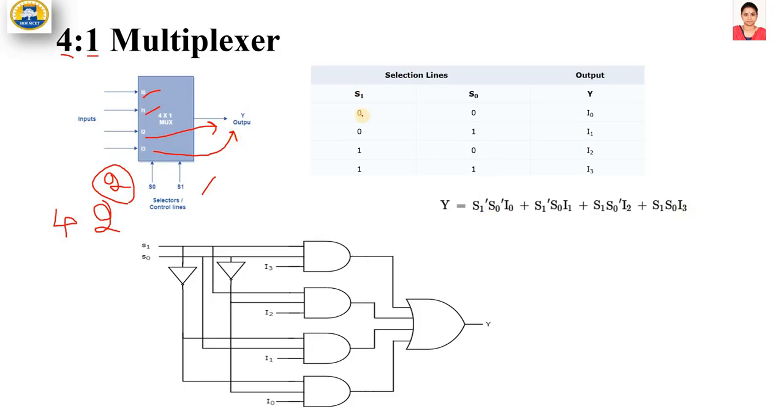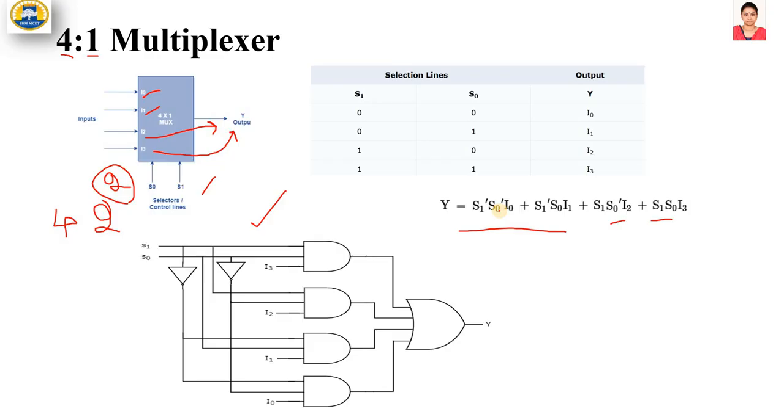So this is the sum of products term. S1 bar, S0 bar into I0, plus the second row, S1 bar, S0, I1. The third row, S1, S0 bar, I2. Fourth row, S1, S0 into I3. So that is the sum of products and the corresponding diagram.